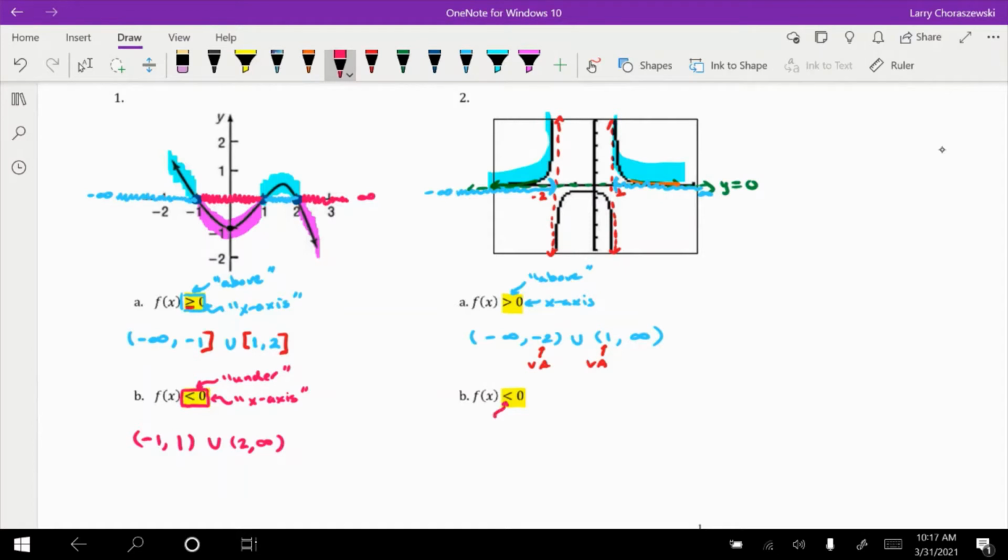So the less than symbol will mean under, and then 0 will mean x-axis. And we do have a piece of the graph that is under the x-axis. It's trapped between the two vertical asymptotes. And the x values that correspond to it are those between negative 2 and positive 1.